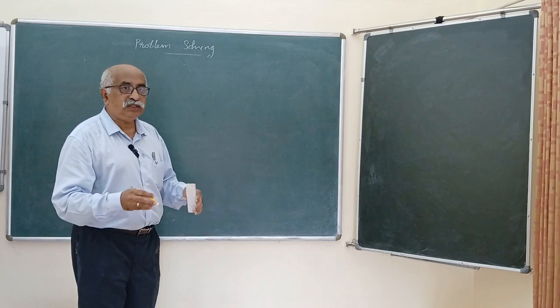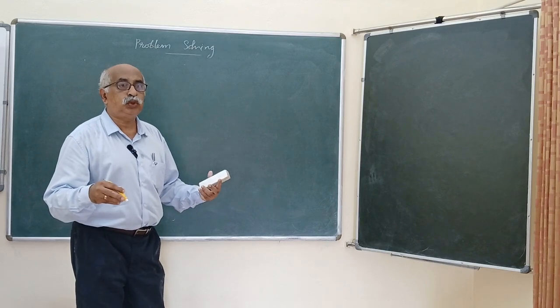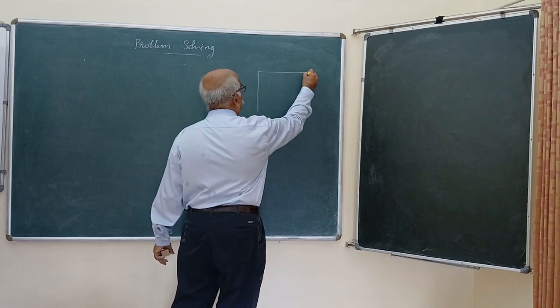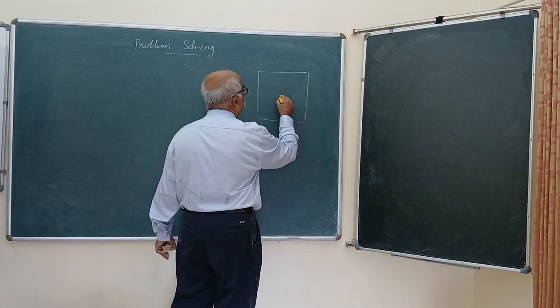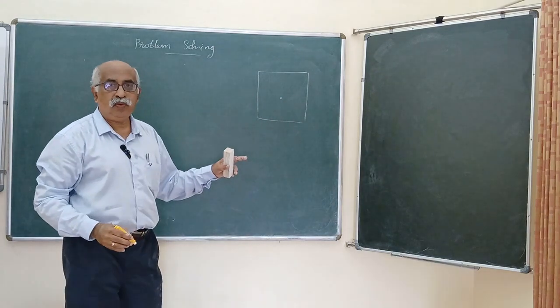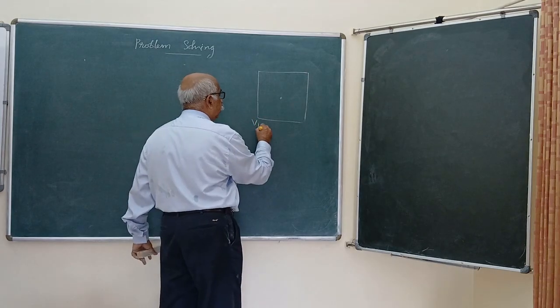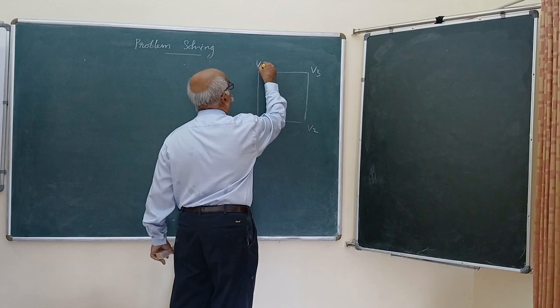In order to solve this problem, as suggested by Polya, it is good to draw a diagram. At the center we have the well, and at the corners of the square are the villages V1, V2, V3 and V4.